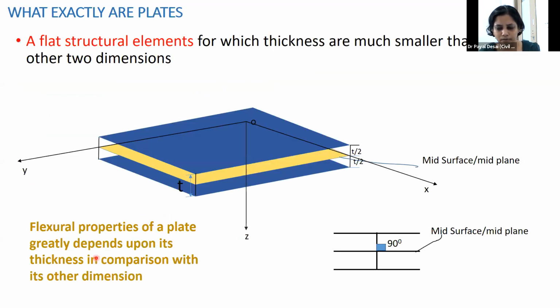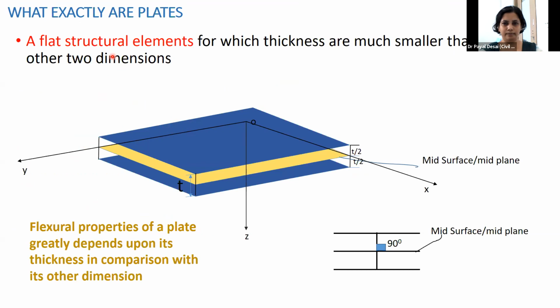Now we enter into the theoretical development. I have again shown the diagram of the plate with axes x, y, and z. The geometrical definition of this plate is that it is a flat structural element.